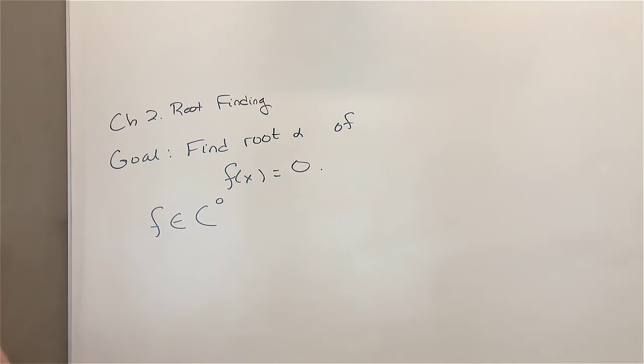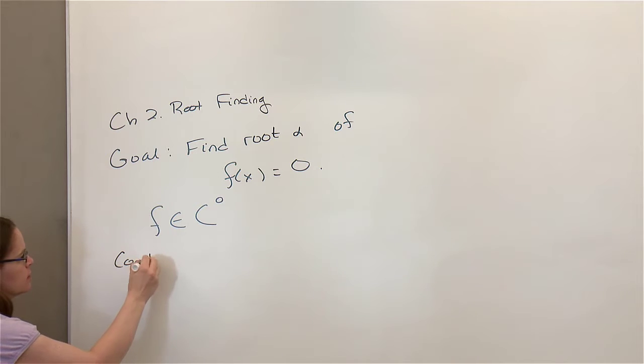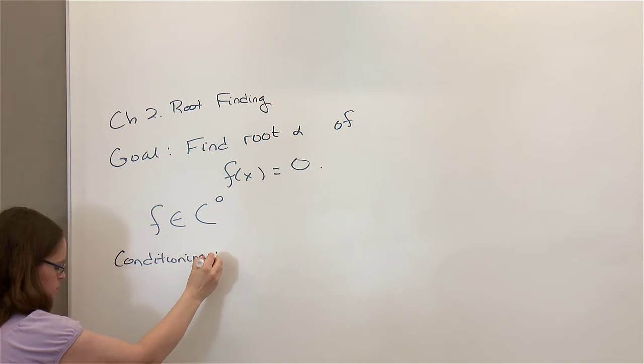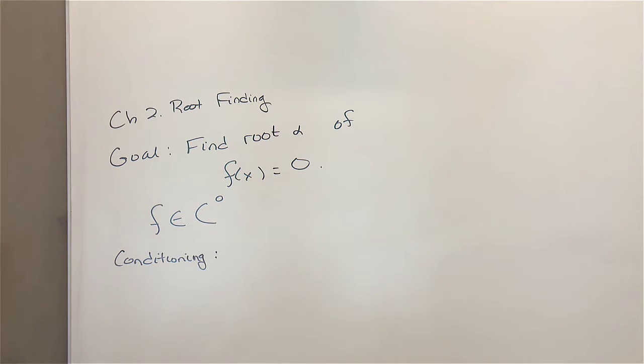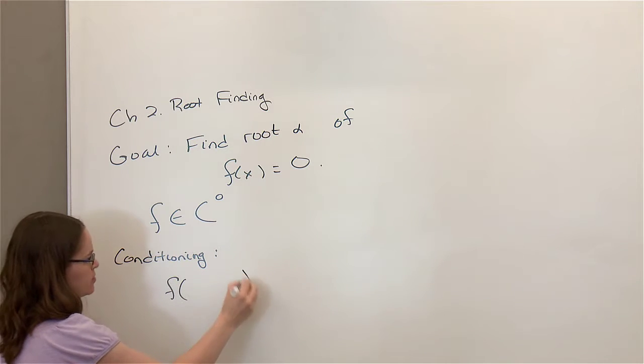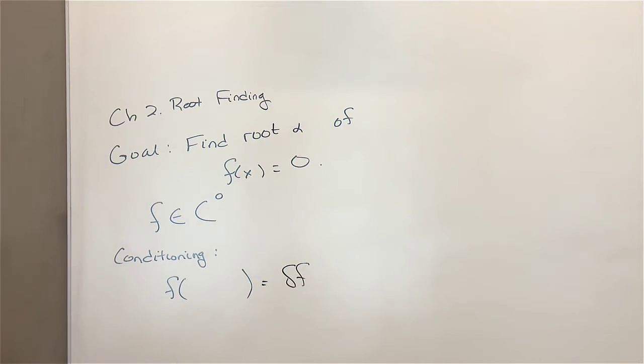Okay, we can ask what does the conditioning of this look like? When we're talking about conditioning, we're interested in saying, how close are we to solving this equation? So we've solved f of something equal not to 0, but to delta f, something small.